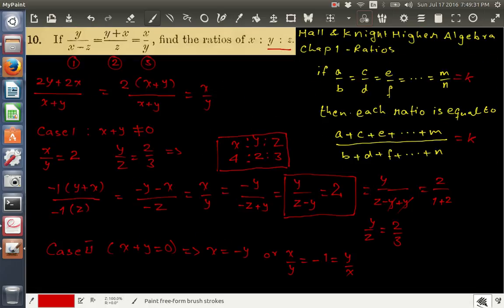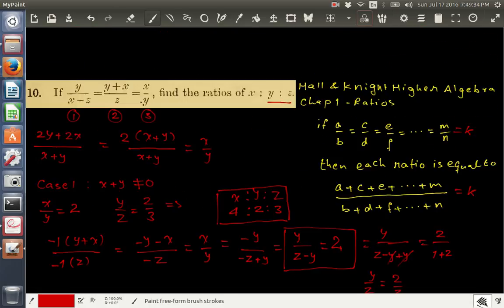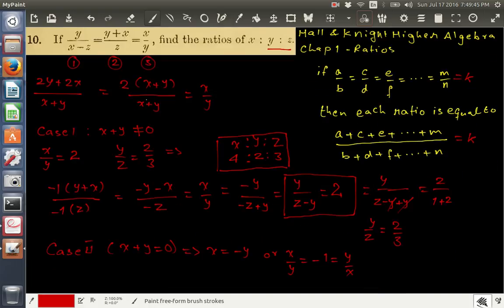Now you can see that we have a relationship between ratio number 3 and ratio number 1. If we take a reciprocal of ratio number 3, we get y over x.